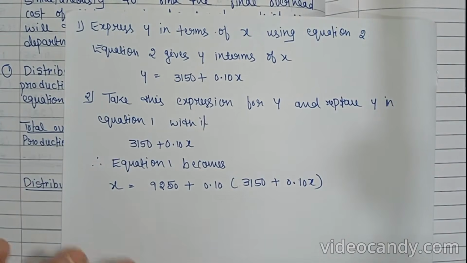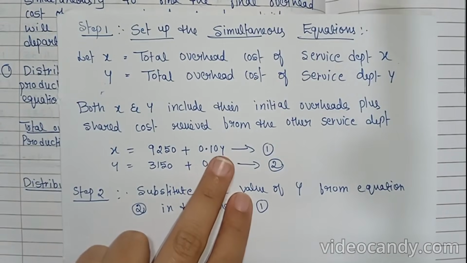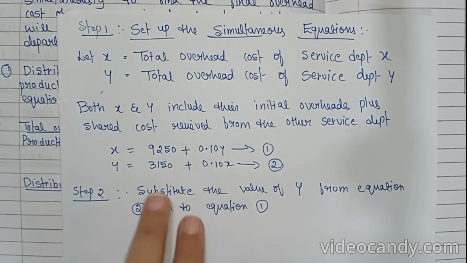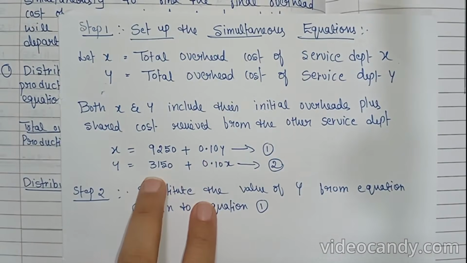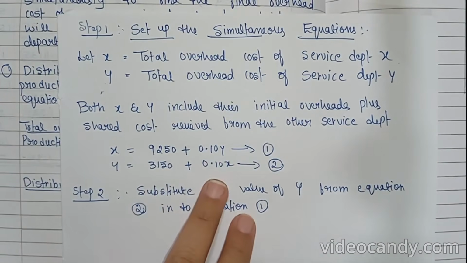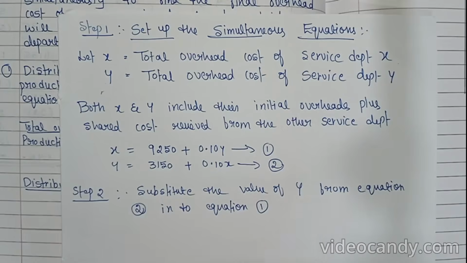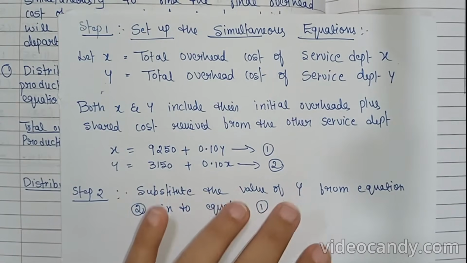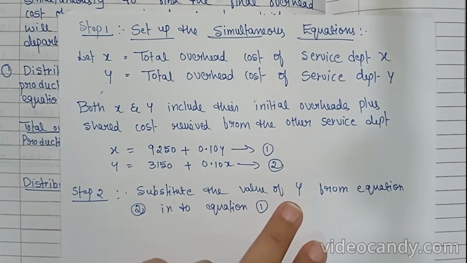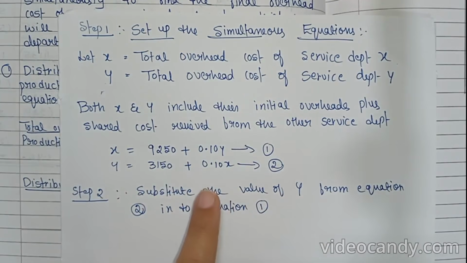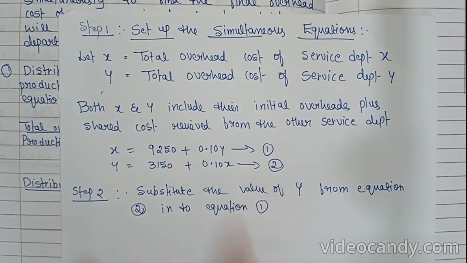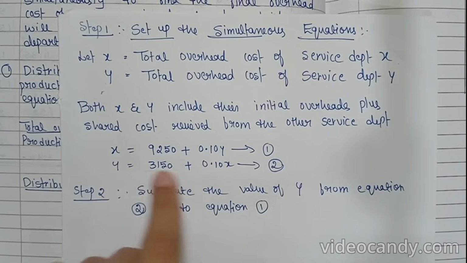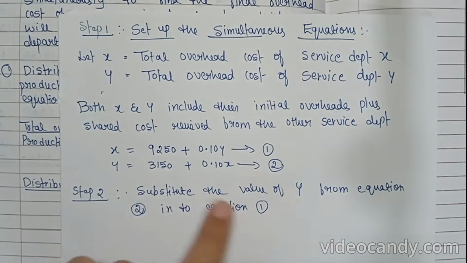Clear? So wherever you see y in equation 1, you need to put y's equation, that is 3,150 plus 0.10x. Substitute the value of y from equation 2 into equation 1.